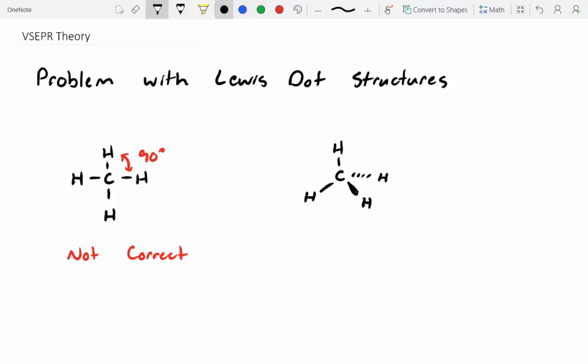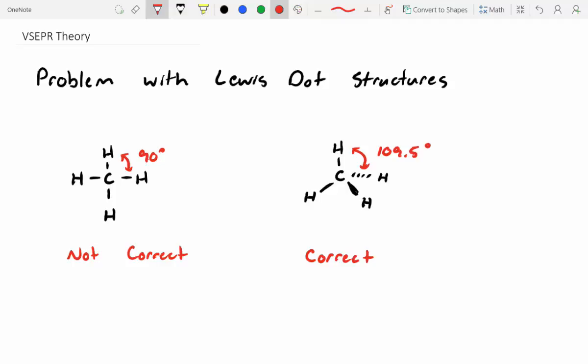A wedge means it's coming out towards you. So we're trying to give it a little bit of perspective. Another way of thinking about this is kind of like a three-legged stool, right? You've got 3 legs sticking down. They're not all on the same plane, and then you're kind of sticking up above it. The ideal angle for methane is 109.5. So this is a much, much better way of drawing out methane.